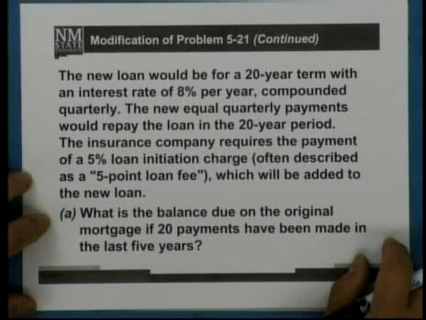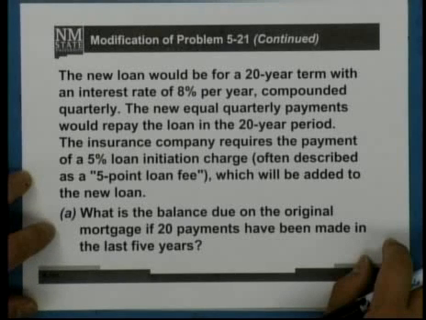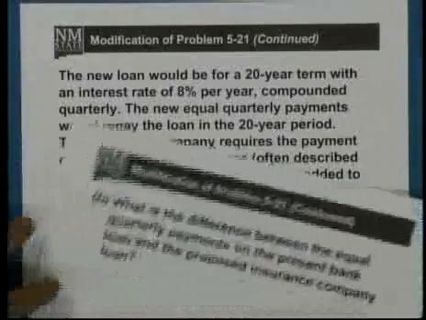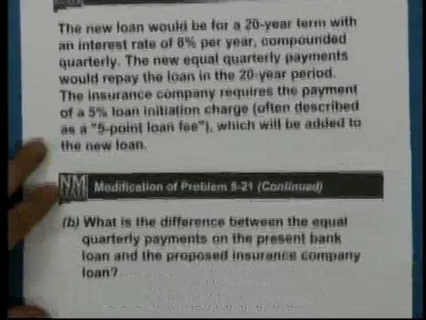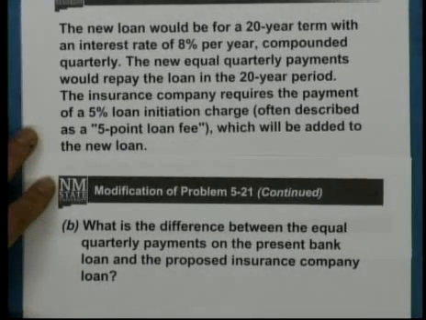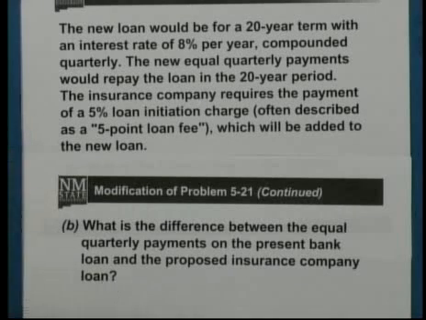Then we have two questions. Question A, what is the balance due on the original mortgage if 20 payments have been made in the last 5 years? And question B, what is the difference between the equal quarterly payments on the present bank loan and the proposed insurance company loan?